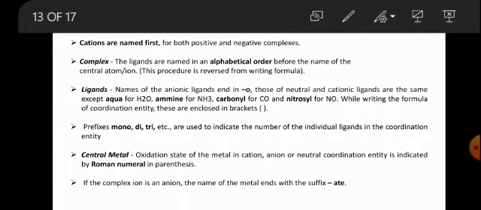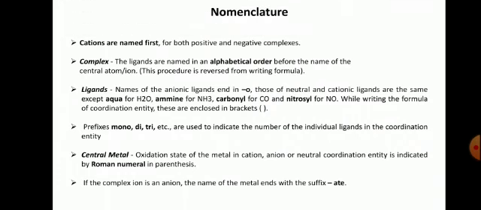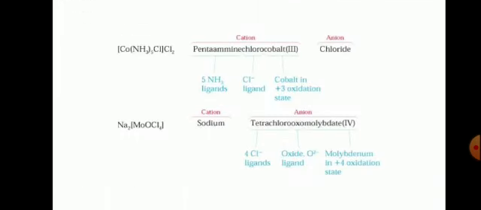Also, after naming the metal, its oxidation state has to be mentioned in Roman numerals in round brackets. So now you can see the naming completely. As the complex ion is positive, it is named first, so it is pentaammine chloro cobalt.